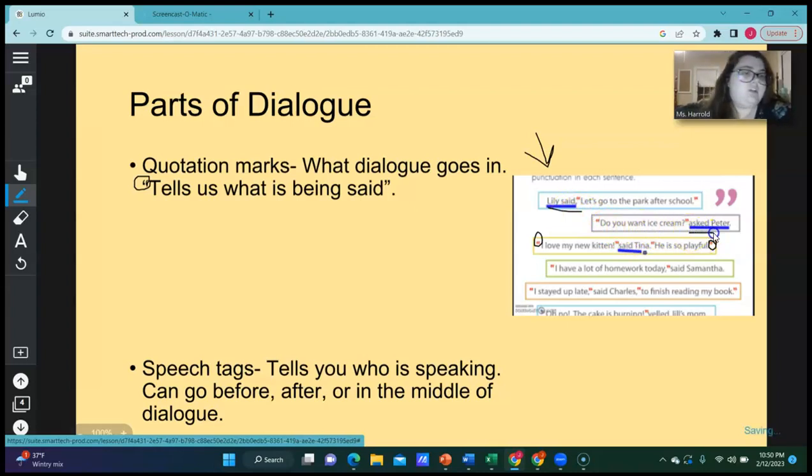It's telling us that Parker asked the question, and it's at the end. And this one is the special one, the one that we said can be in the middle. It says, "I love my new kitten," Tina said. "He is so playful." And it's right in the middle. She said something, and it tells us who said it, and then she finished saying what she said.